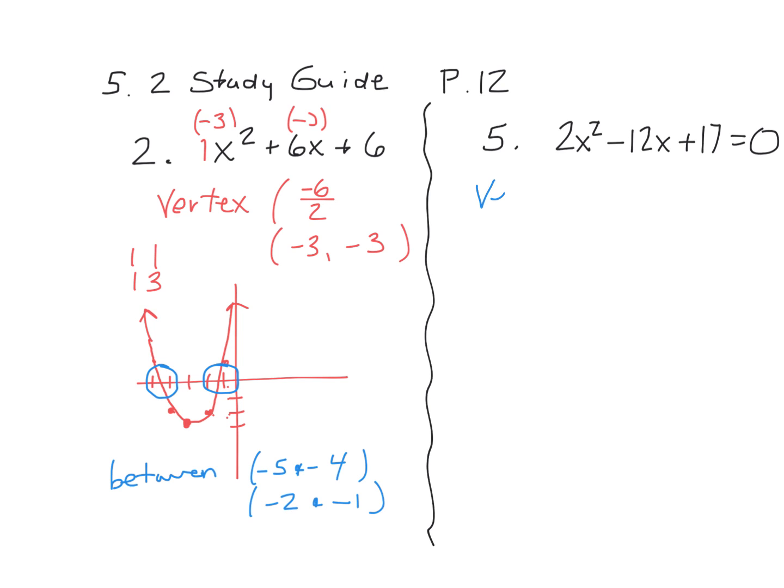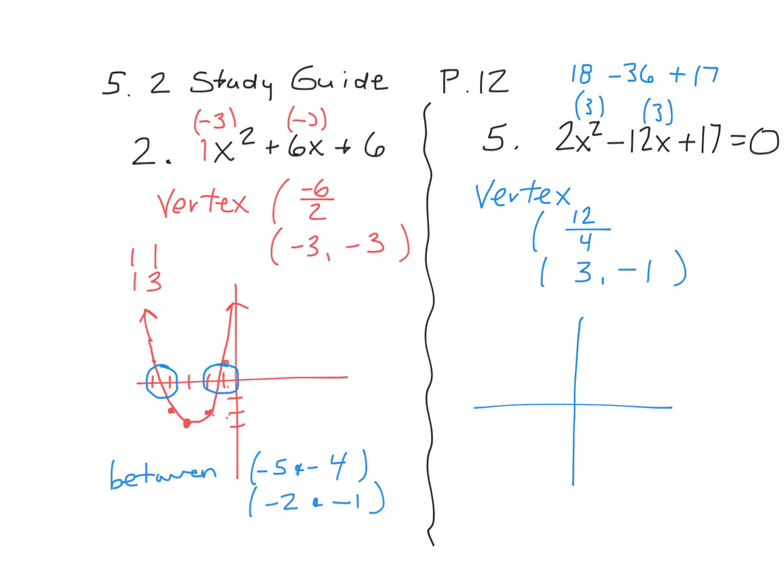Looking at this next one, number 5 on that same study guide, the vertex would be negative b over 2a, so that would be 3. Plugging 3 in, we're going to have 3 squared is 9, or 18, minus 36, plus 17, which comes out to be a negative 1. So now I know my vertex is (3, negative 1).